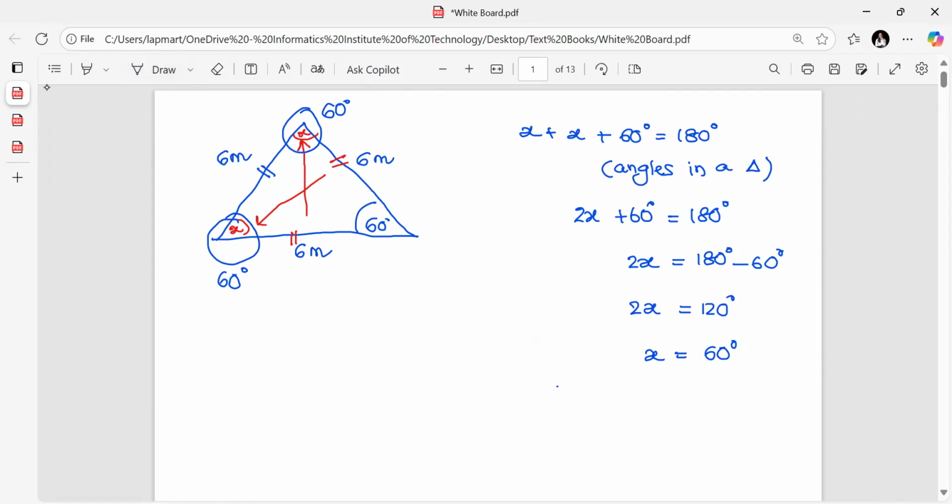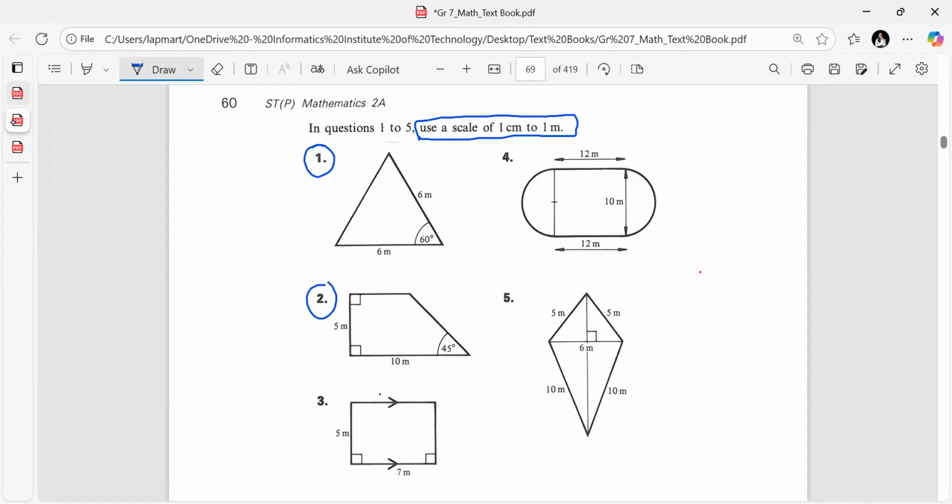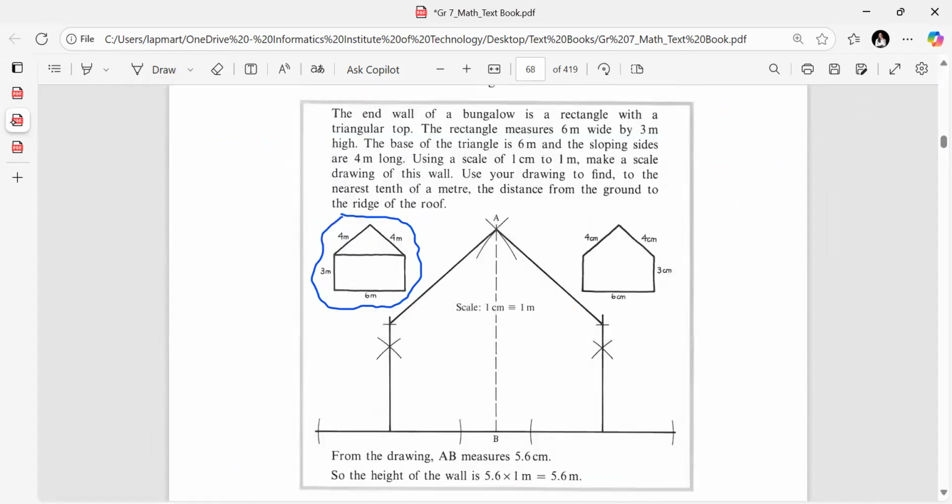Now, how are we going to do this? We want to have the scale diagram, the rough sketch. Now I draw the rough sketch. What is the scale I have? They have given it: 1 centimeter. Can you remember how we write the scale, children? 1 centimeter, 1 meter.